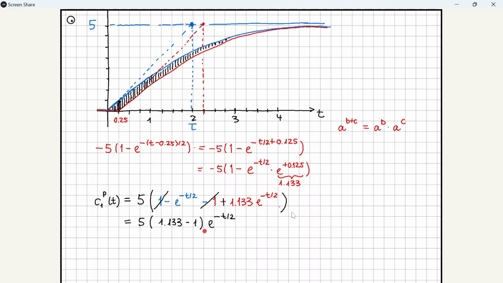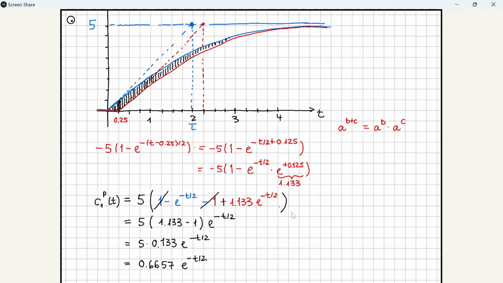So that leaves me with 5 times 0.133 e to the minus t half, and that is equal to 0.6657 e to the minus t half.